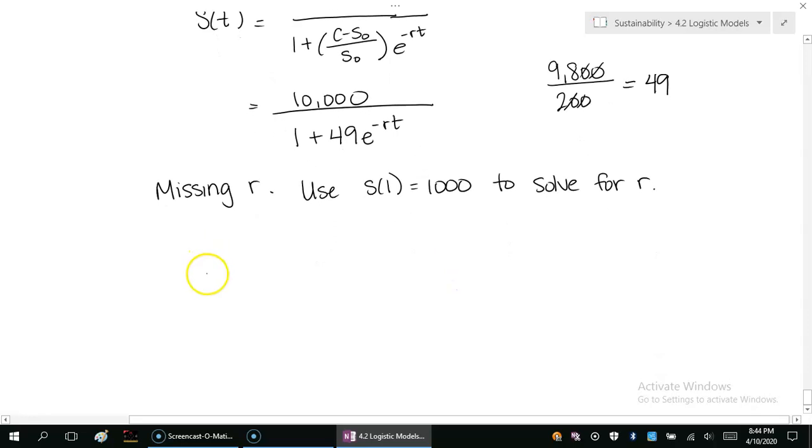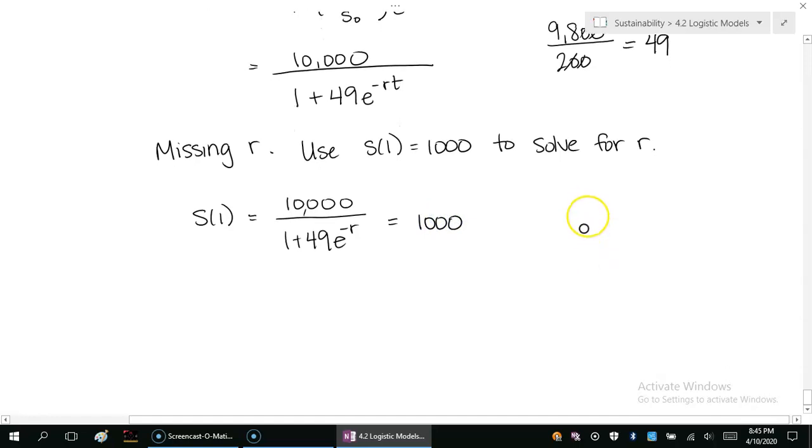Okay. And so S sub 1, if I look at my formula for S of t and plug in t equal to 1, I get 10,000 divided by 1 plus 49 e to the negative r times 1. And I'm told that that's 1,000.